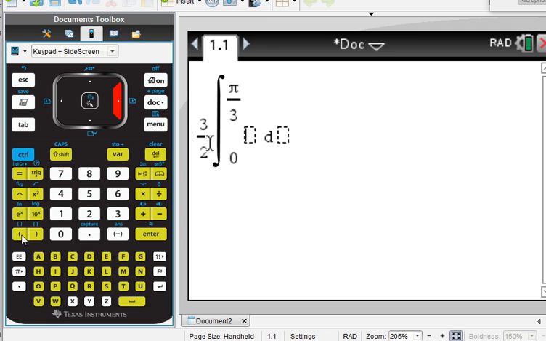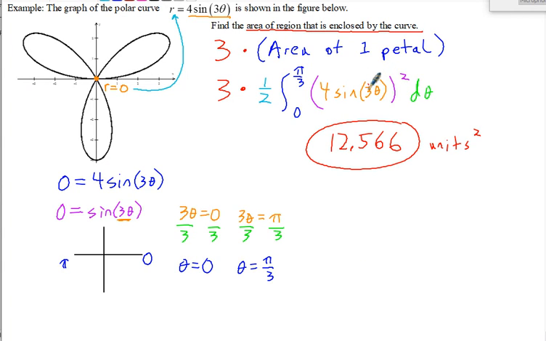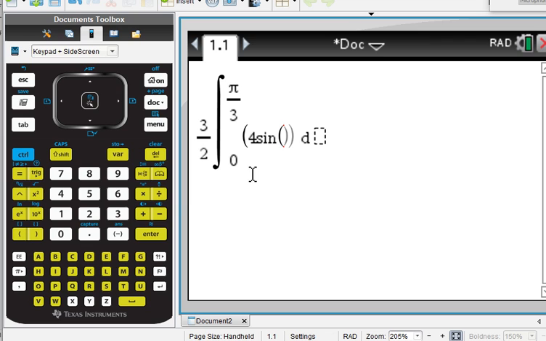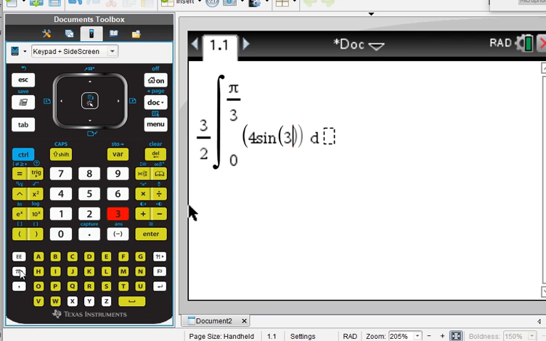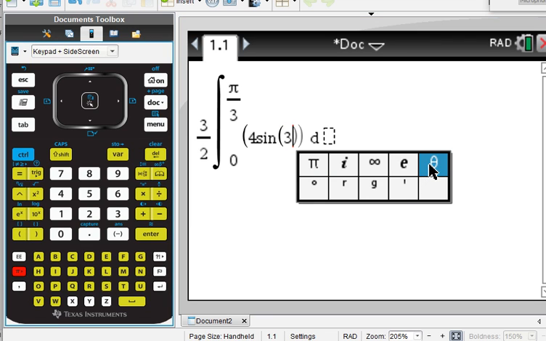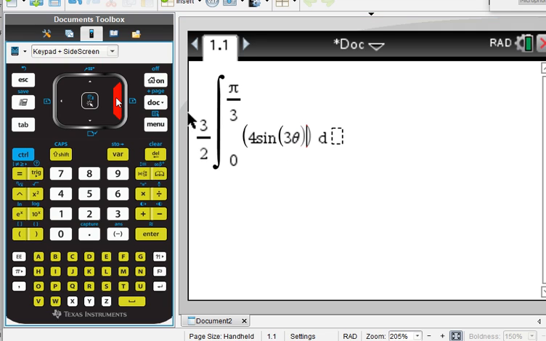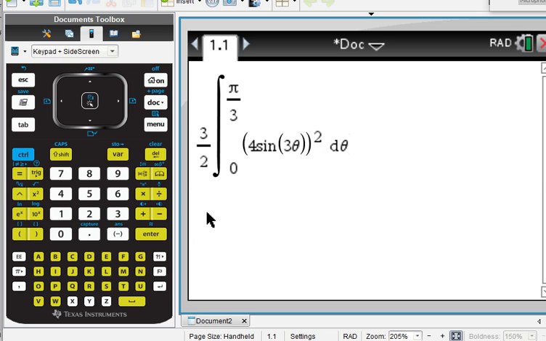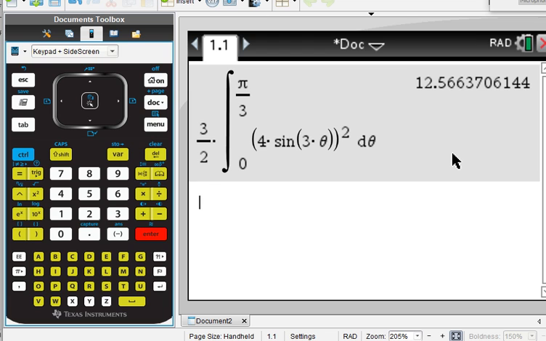And then open parentheses, and then remember it was 4 sine of 3 theta. So 4 trig sine of 3, and if you want theta, it's right on the same button as the pi here. There's theta. And then we want to square that, and d theta. See, we get the same answer on the Inspire.